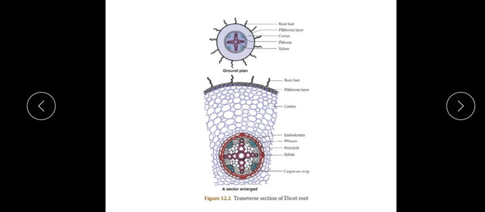Roots do not undergo transpiration or photosynthesis because they are present under the soil and do not have the green pigment. So that is the reason. Instead it has root hairs on it. Root hairs are tiny structures that you can see in many plants.